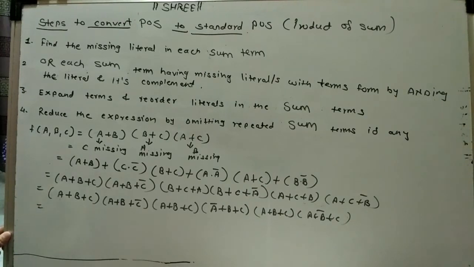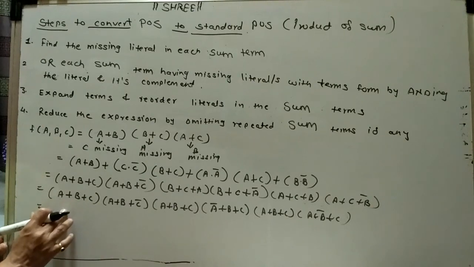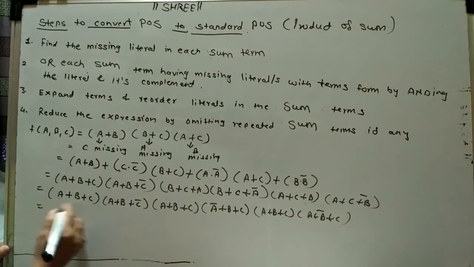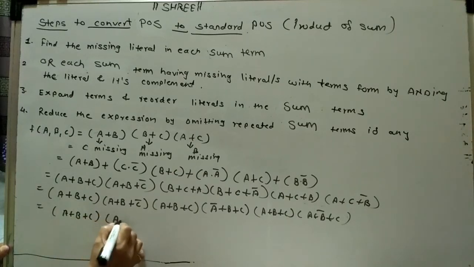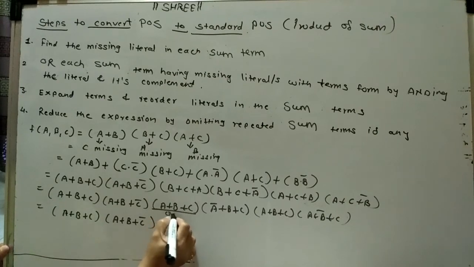Now we will reduce the expression by omitting the repeated sum terms if any. So now if you see A plus B plus C as it is, then A plus B plus C bar. Now this is a repeated term, we will omit this.